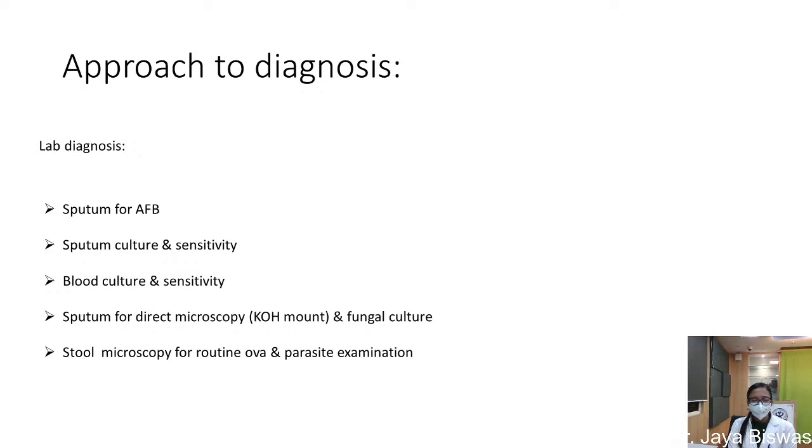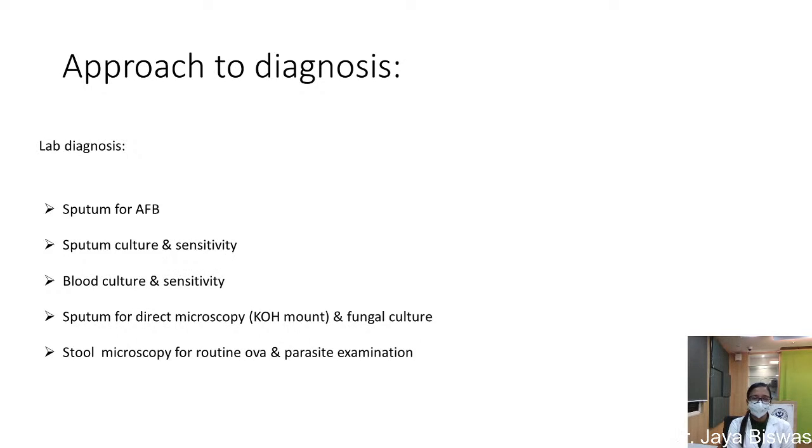Sir, we are doing the sedimentation method, which is the formal ether sedimentation method. How do you do it? Firstly, we'll take 1 gram of stool sample, add 8 ml of distilled water and mix in mortar and pestle completely.